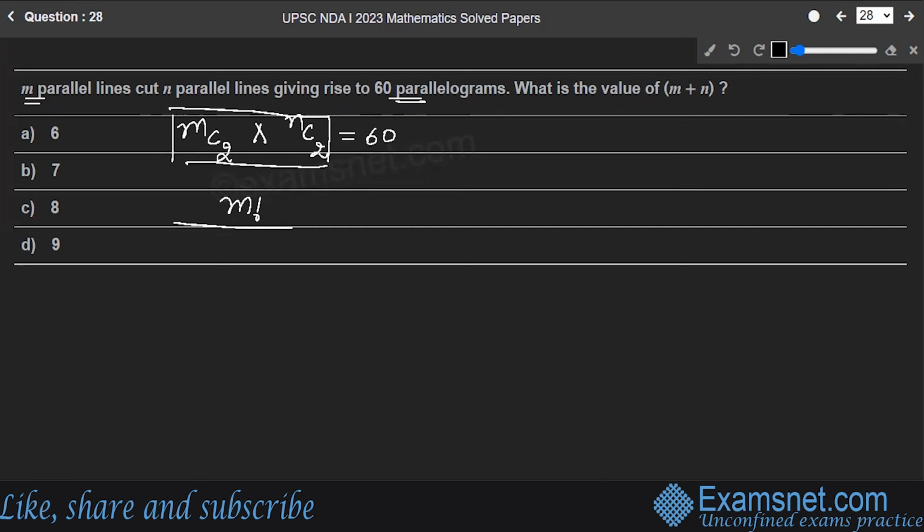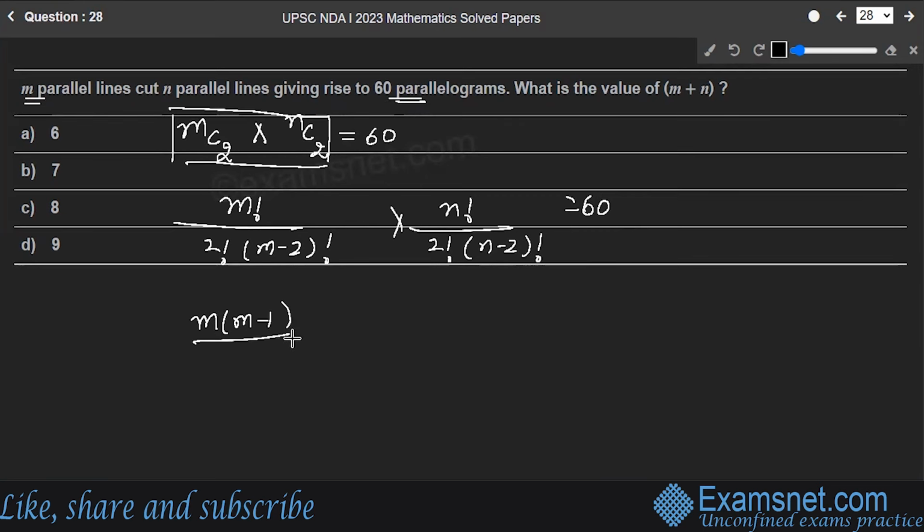So this is m factorial upon 2 factorial into m minus 2 factorial, multiplied by n factorial upon 2 factorial into n minus 2 factorial, is equal to 60, which gives m into m minus 1 upon 2 into n into n minus 1 upon 2 is equal to 60.